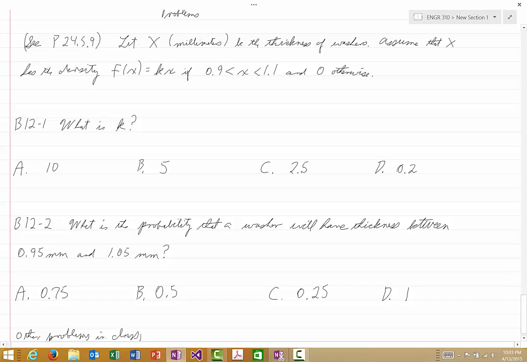And the answers here are probabilities. So A is 0.75, B is 0.5, C is 0.25, and D is 1.